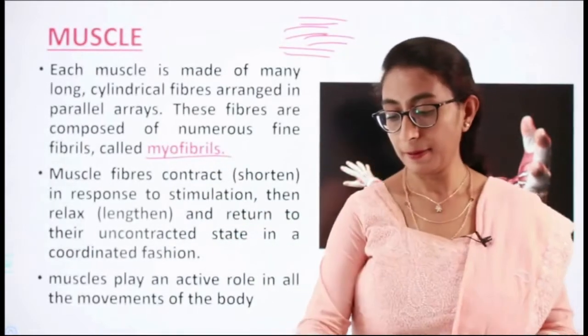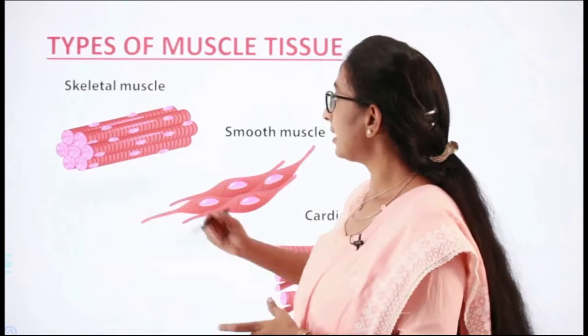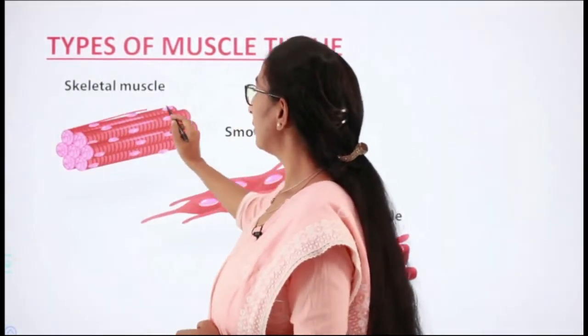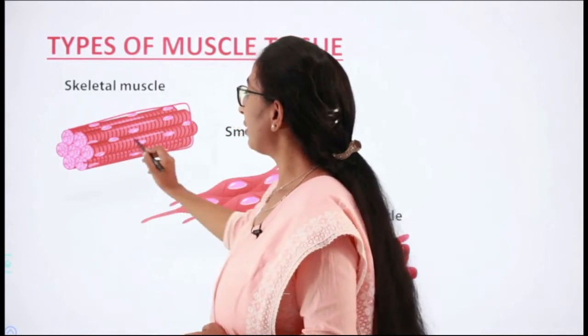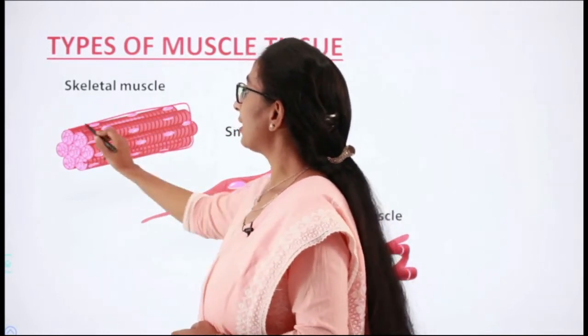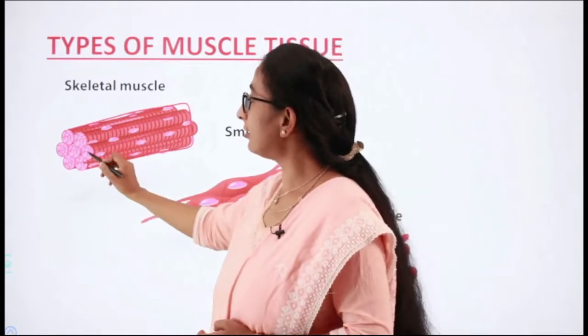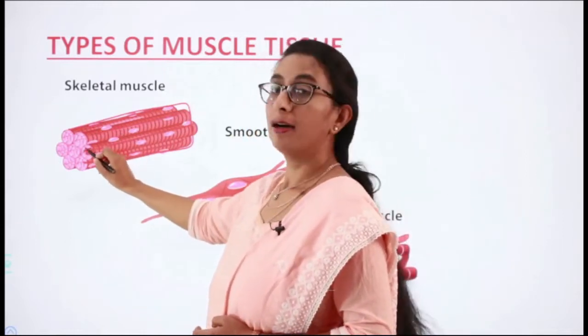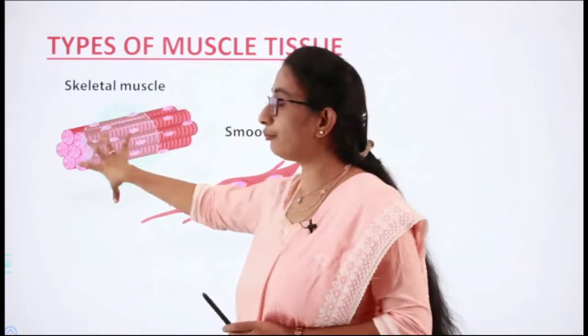See this, here you can see a muscle. This is a skeletal muscle. Here you can find several muscle fibers which are arranged parallel to one another, and these are in turn composed of myofibrils. Did you understand what myofibrils are?